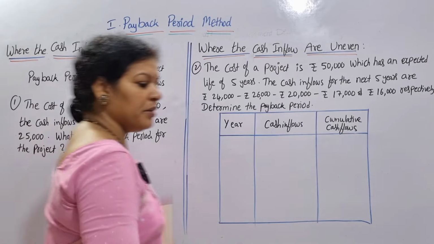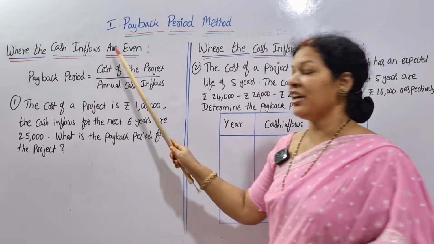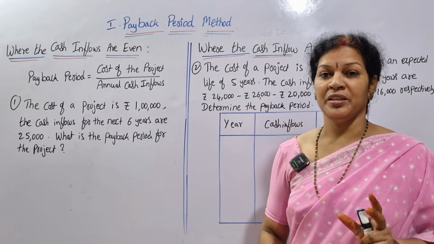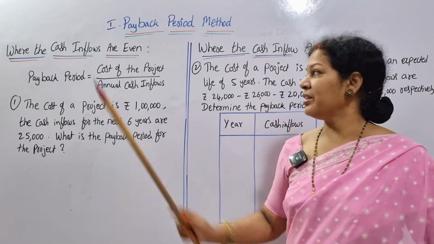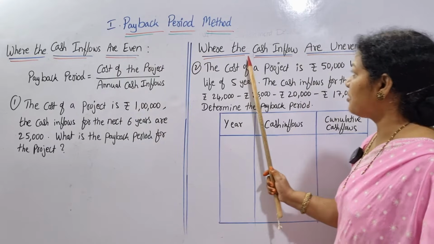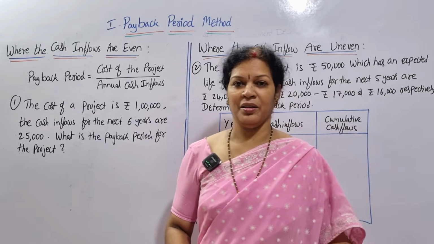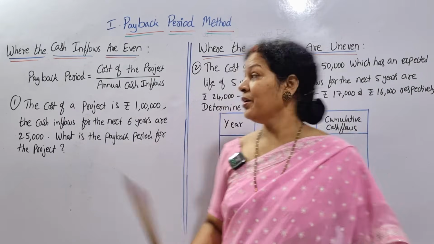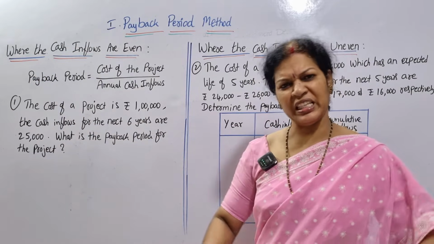So payback period, how we can calculate it? There are 2 methods. One is when the cash inflows are even. Even cash inflows means same amount is given every year. That's even. When the cash inflows are uneven, not equal. Both the cases we'll see. First case, where the cash inflows are even, means same amount is given.